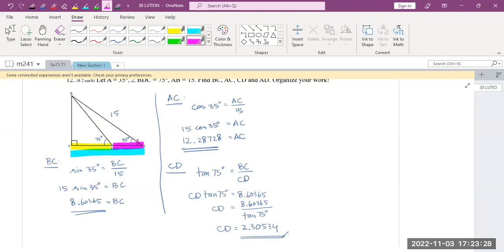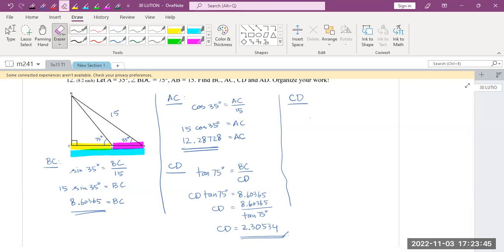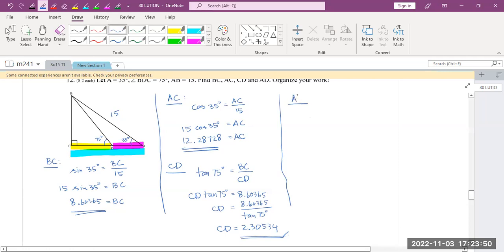So when we try to solve for AD, AD equals AC minus CD.